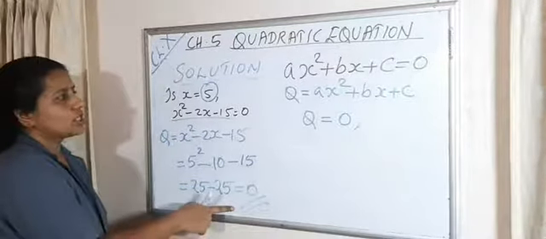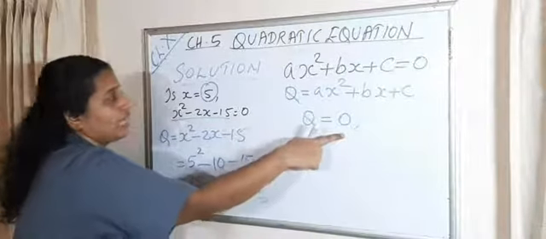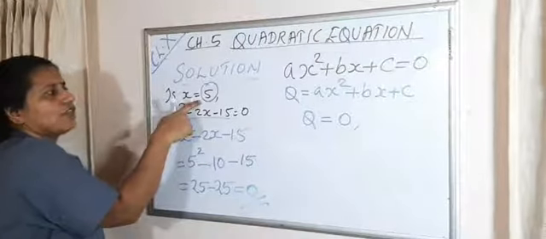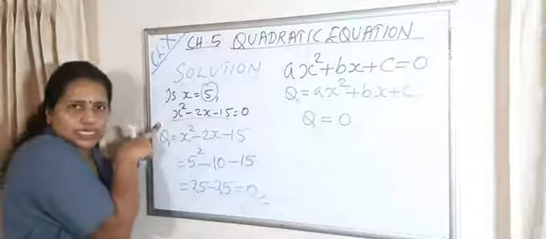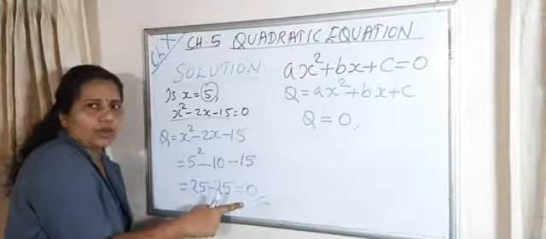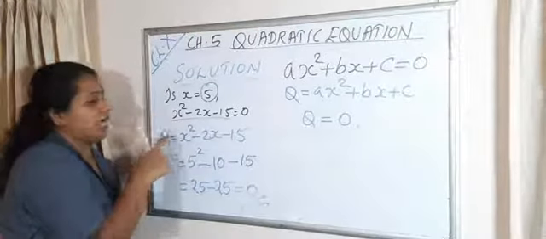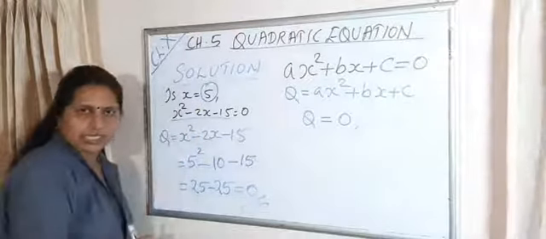You got 0. So if it is 0, then we can say x is equal to 5 is a solution of the given quadratic equation. Okay, if the quadratic form is 0, then we can say that value is a solution of the given equation. Clear?